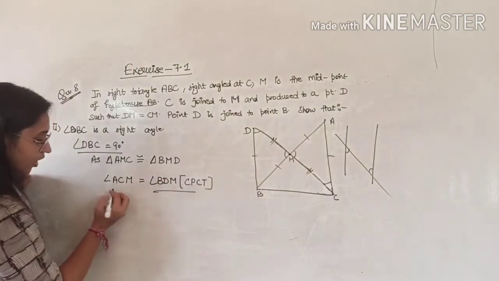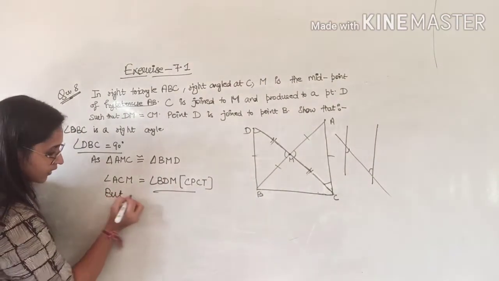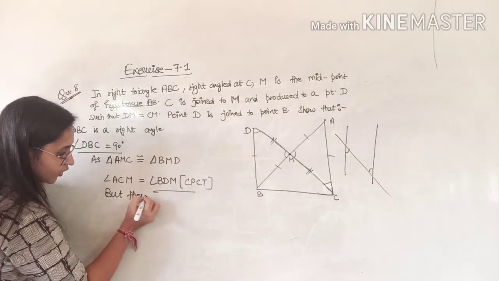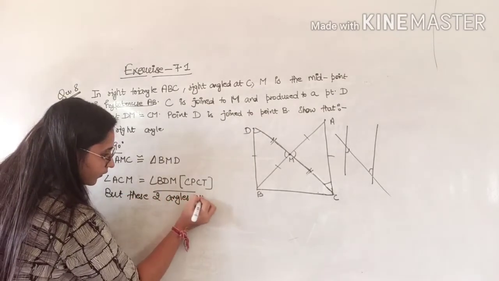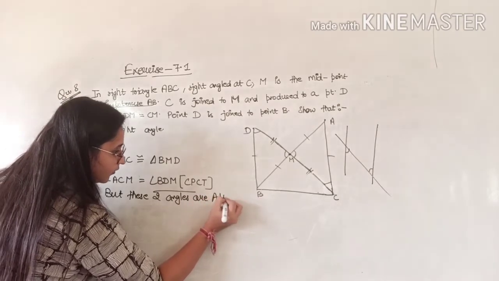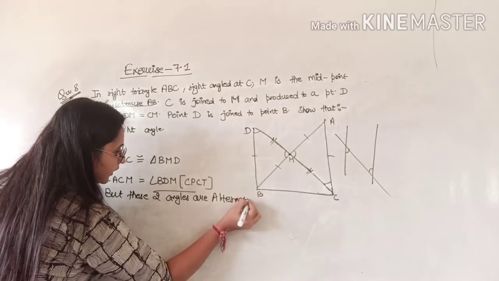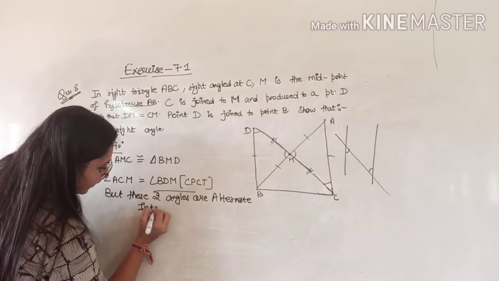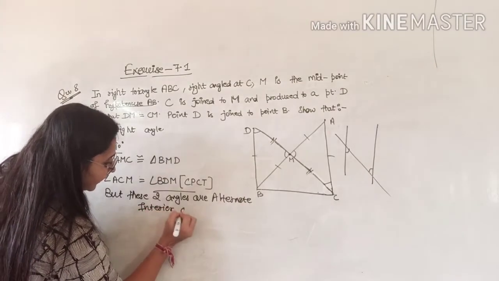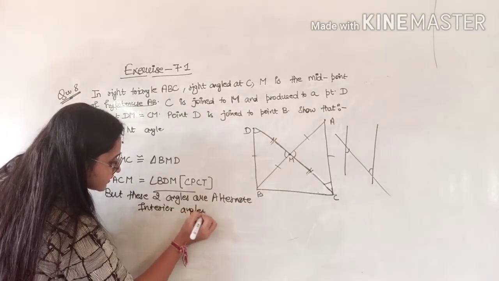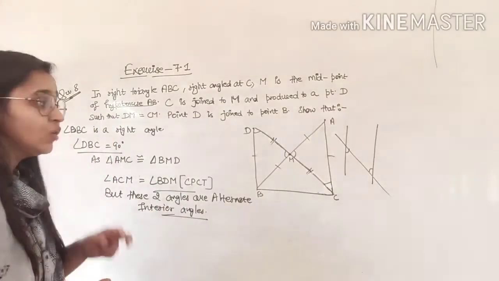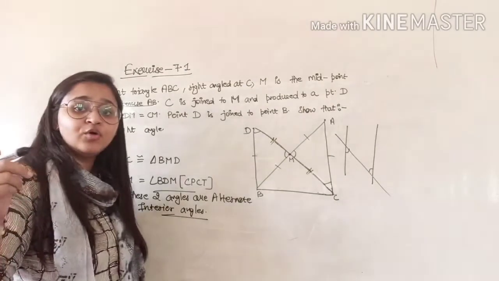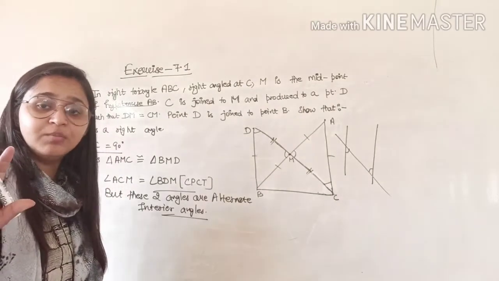So I can write after this step, these two angles are alternate interior angles. And you know very well, if alternate interior angles are equal, then by the converse of the theorem you can say that these two lines will be parallel.